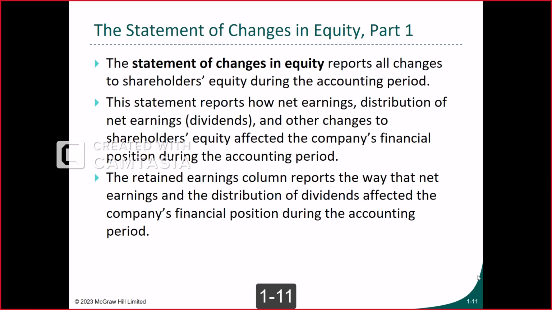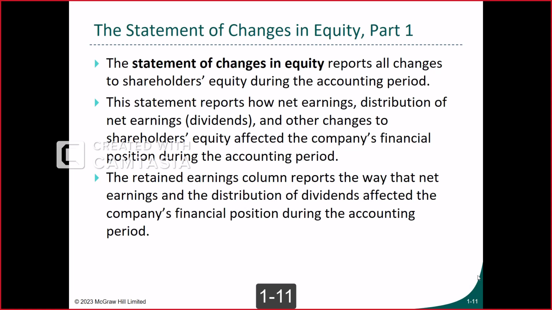You decide to distribute $20,000 of dividend, so that is subtracted from the retained earning, and you keep going, accumulating profit in the retained earning. So retained earning means the accumulated profit that is not distributed as dividend.